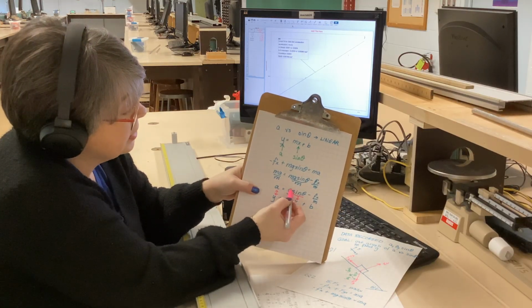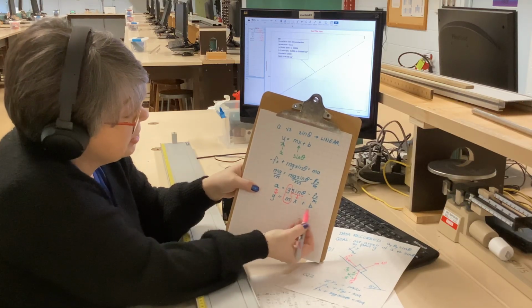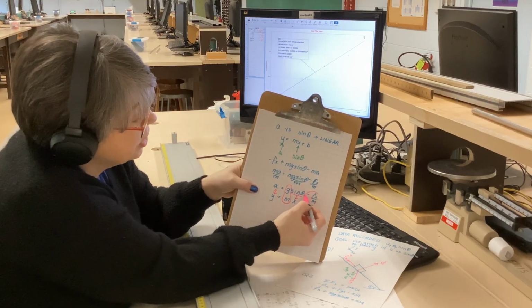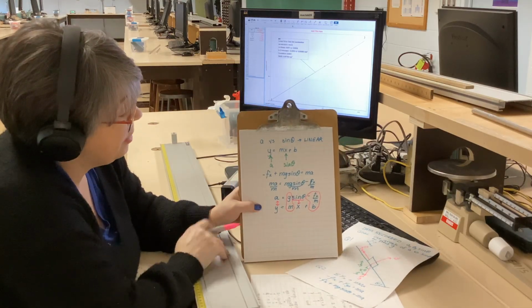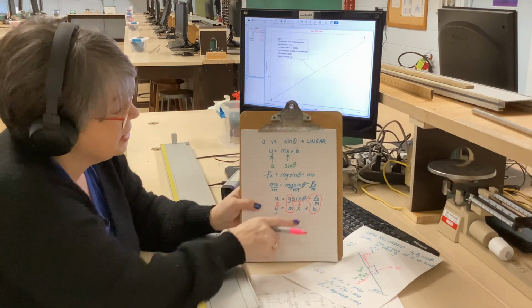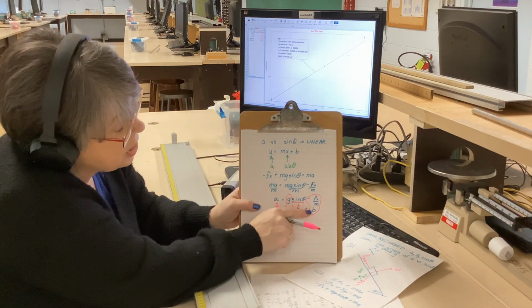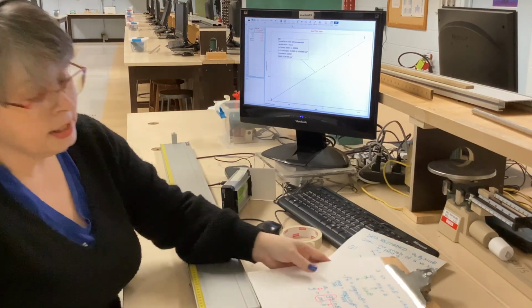Slope is in front of x, and g is in front of sine theta. So g must be the slope, and our intercept is related to our friction term. So this is your analysis method. You can find g if you can find the slope of your graph. You can do that with your graphing skills. And then we have some questions about relating the intercept to the friction. That should take you through how to do the analysis for this lab.